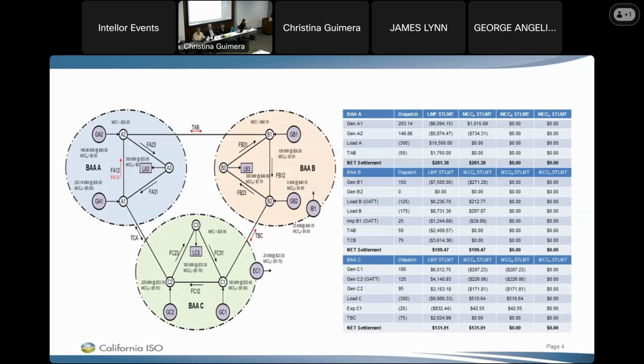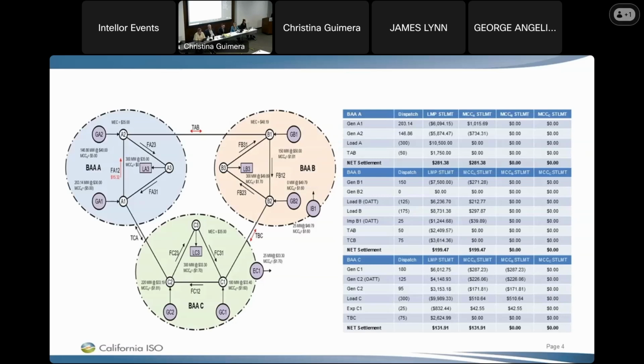I think this mechanism that ISO is proposing will give the host BAAs the information they need and the revenues they need to keep both the point-to-point and the network customers whole, as long as the schedules are made using the contract reference number.